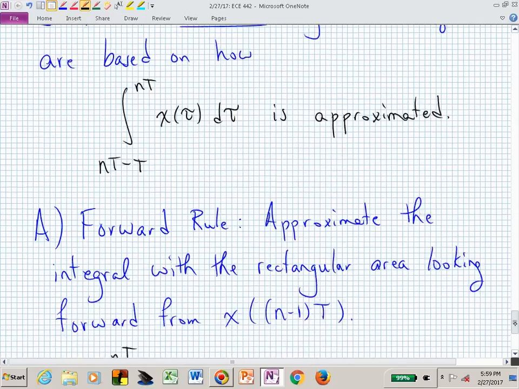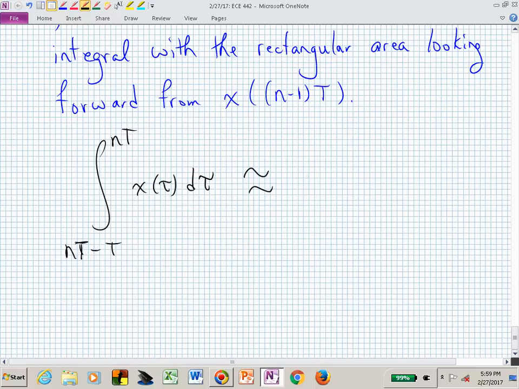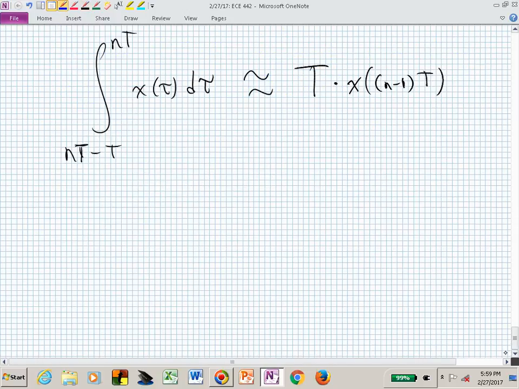Down here, we can now say we're approximating that with T times x at time (n minus 1)T. That allows us to simplify this difference equation.